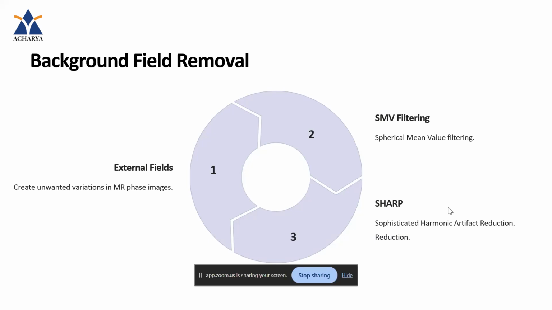To remove these background field effects, we have two methods: SMV filtering and SHARP. SMV filtering is spherical mean value filtering, and the other is called sophisticated harmonic artifact reduction for phase. These two methods are very important to remove these distortions, artifacts, or background field effects from the image, otherwise they can affect the final susceptibility map.